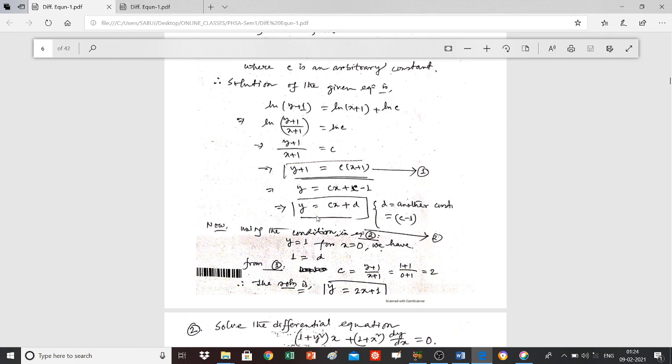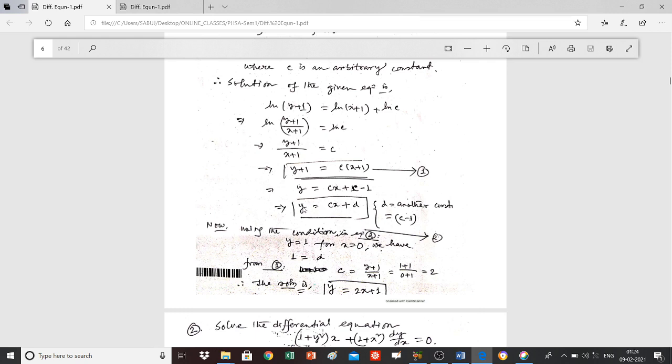Now if you are given a boundary condition, that is, for x is equal to 0, y is equal to 1, then just impose this condition on the solution.